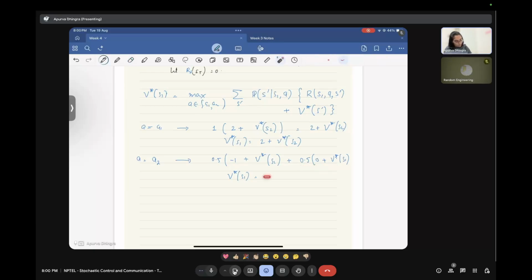So with half a probability, it goes to Vs of S2.